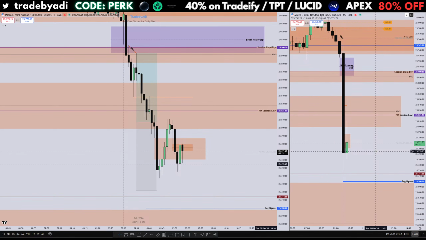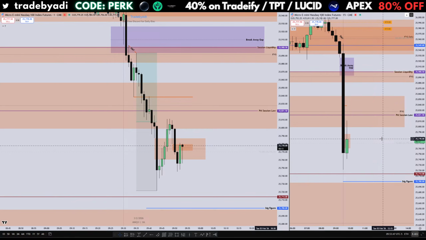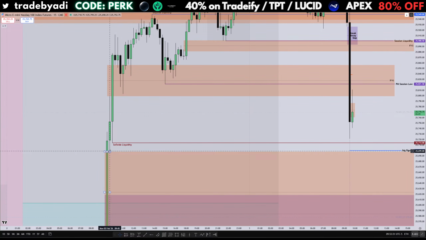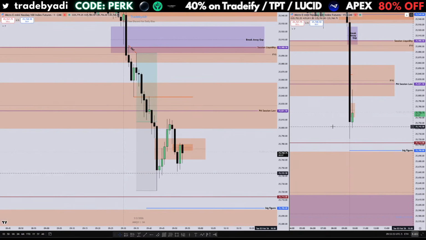This is the 15 minute, and this was the key level on the 15 minute IFVG. This is the nearest fair value gap.